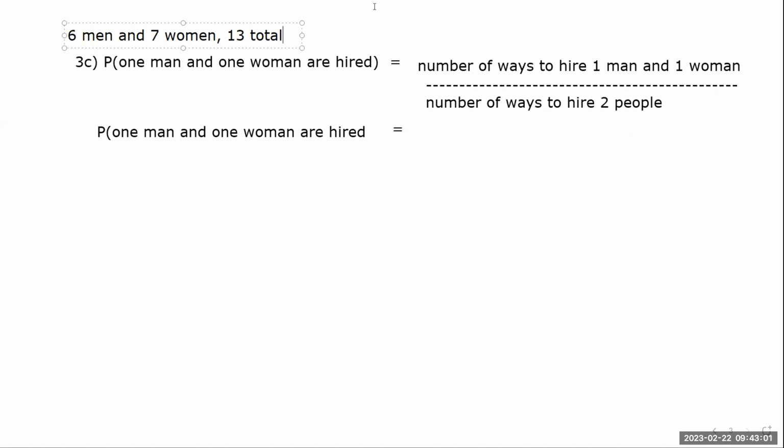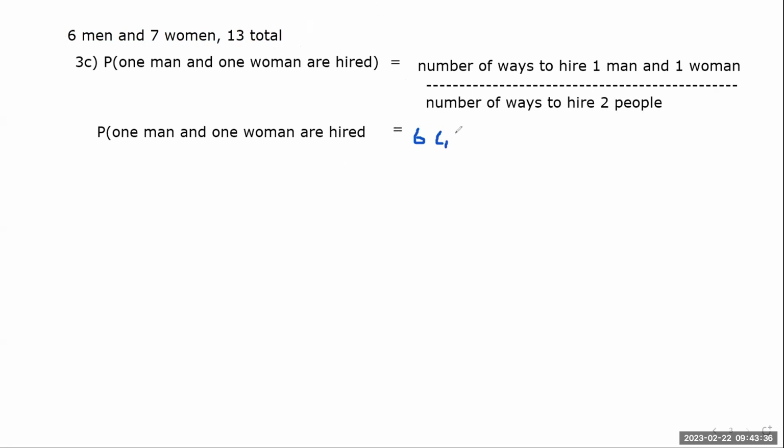So now we're going to say, all right, so here, I'm going to say this. From the 6 men, I'm going to hire one of those. So 6 choose 1. Times, this is and. So here, we're multiplying.